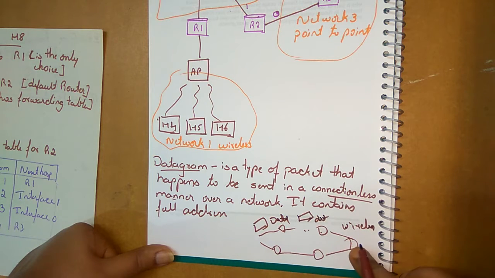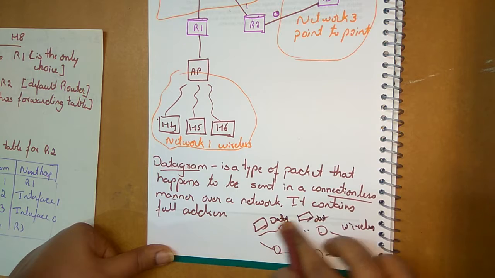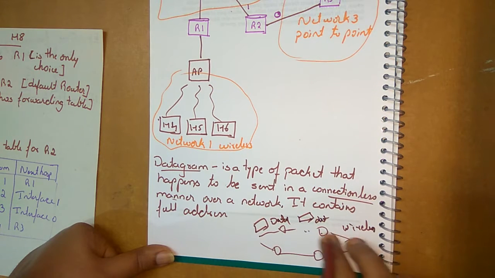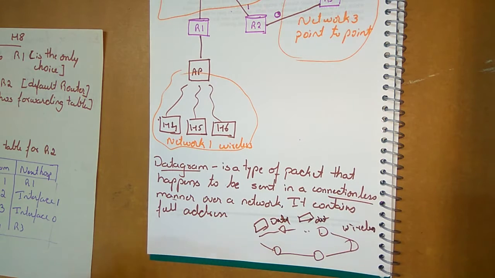When we reach the destination, it will cover the path, from where to where I have to travel. Like that, the datagram is a small packet.